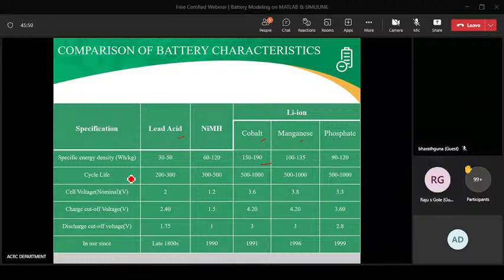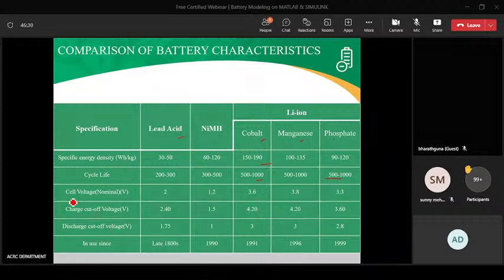Yeah, the complete process in which we charge the battery and discharge the battery. Lead acid battery has 200 to 300 life cycles, nickel metal hydride has 300 to 500, and lithium ion chemistry ranges from 500 to 1000. So the cycle life of lithium ion batteries is even better than lead acid and nickel metal.